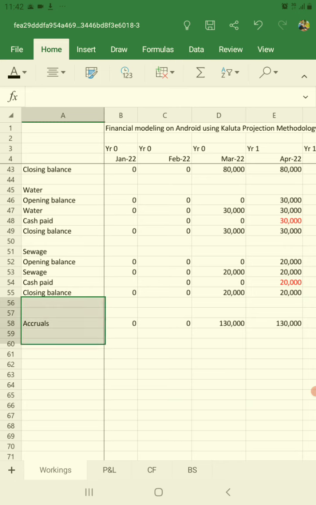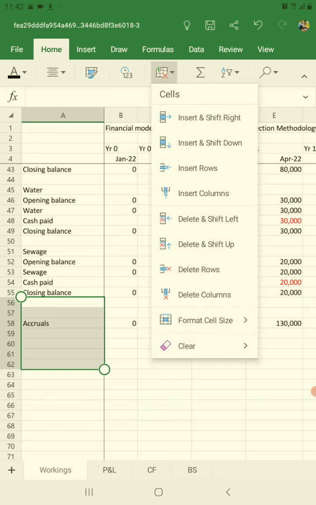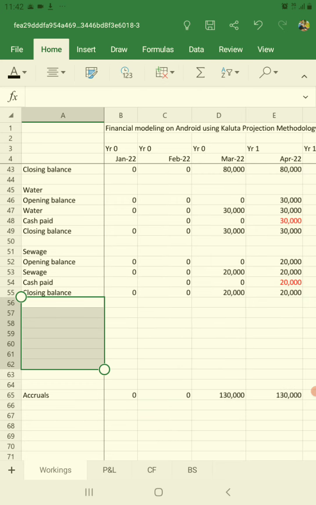So I highlight and then insert sheet rows, and then the auditor's fee will have different modeling comparing to water, sewage, electricity. So I'm going to model it separately.